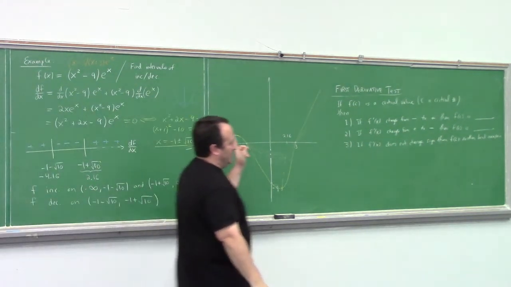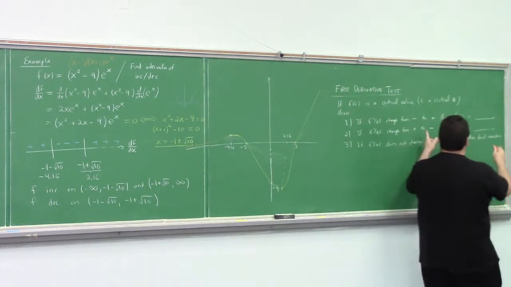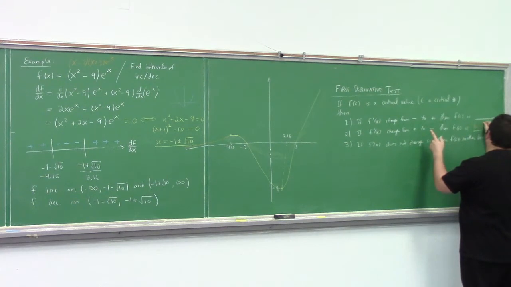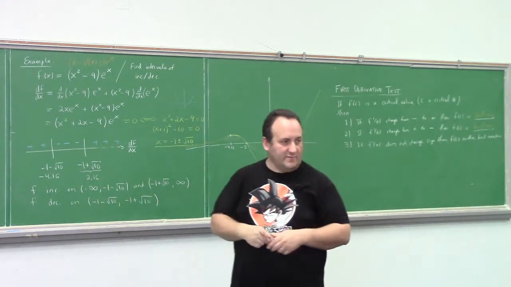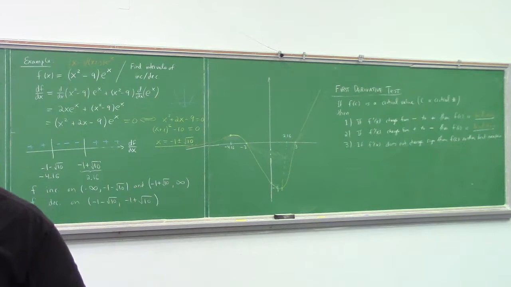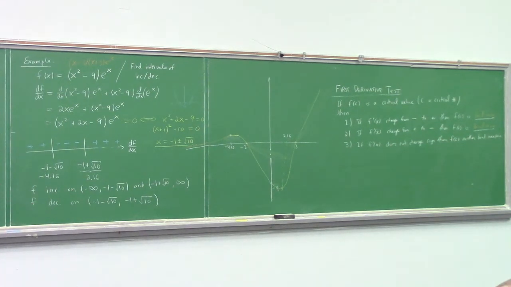So it changes from plus to minus, local max. Other way around, local min. And that's the first derivative test. And if the derivative doesn't change sign, then it's neither a local max nor a local min.